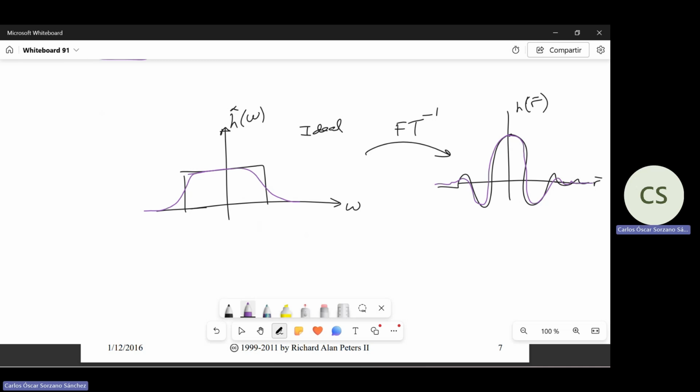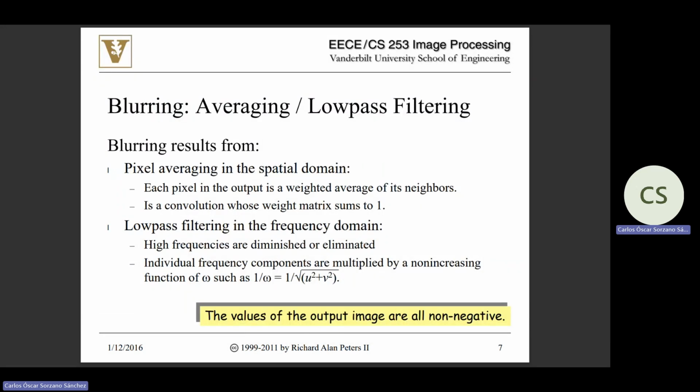Then what else? We can do something like this, for instance. This is also a low pass filter. So anything that attenuates at high frequencies is a low pass filter. You can have an ideal one, you can have an ideal one with smooth borders, you can have something that decays with frequency. So this is what is explained here.